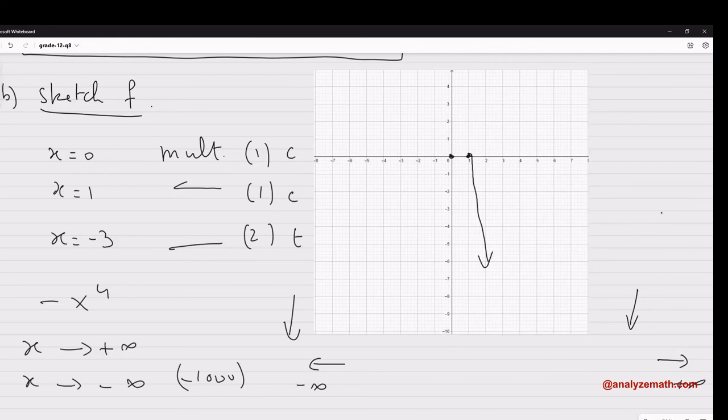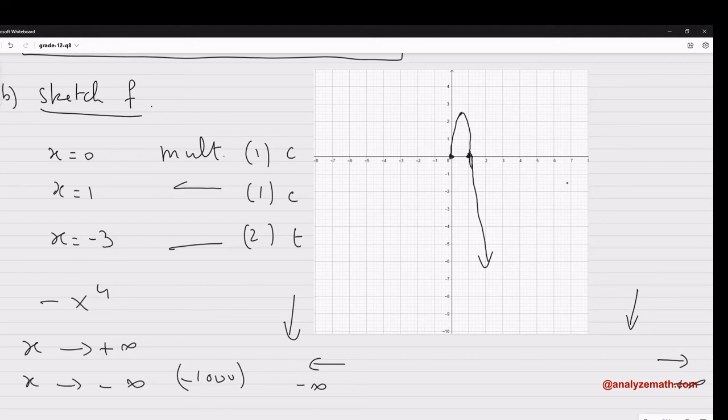Between the 0 and the 1, there must be a maximum, because the graph cuts the x-axis. Hang on, let's do this a little bit better. So let's put a point here and then go down. This is a little bit better.